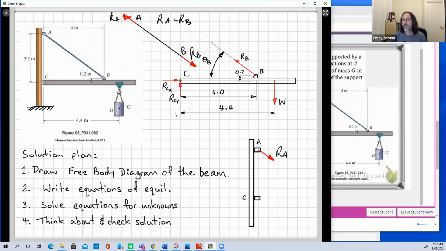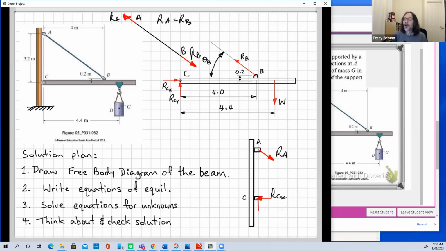Okay, and then at C, we'll just have the equal and opposite forces here. So we need equal and opposite to RCX. That's on the beam free body diagram.